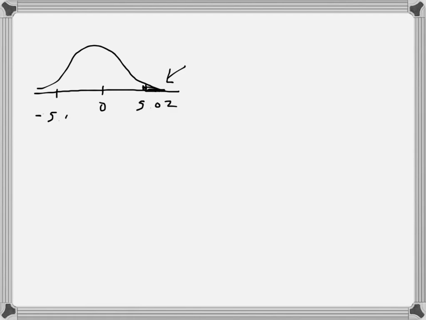But I have some technology in front of me, and that is R, my R calculator, and I got, using R, the area to the right of 5.02 standard deviations. There's 0 in my left tail. Since this is a two-tailed test, that means I'm going to have to double this p-value.